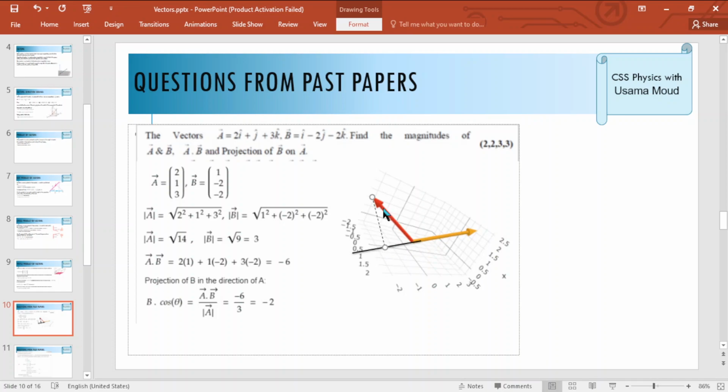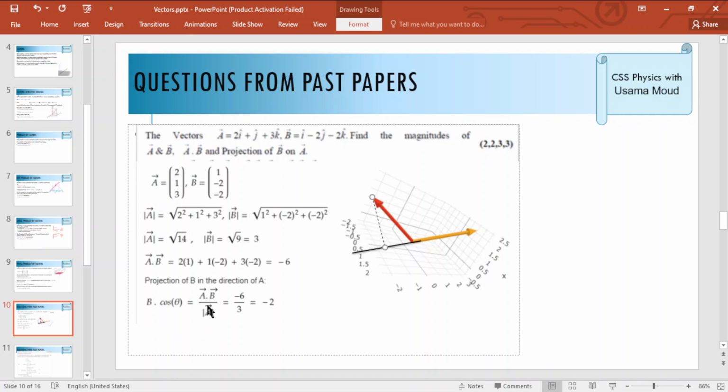It means the horizontal component of B in the direction of A. Now, this horizontal component of vector B can be written as B cos theta. We can use the simple concept A dot B equals AB cos theta.